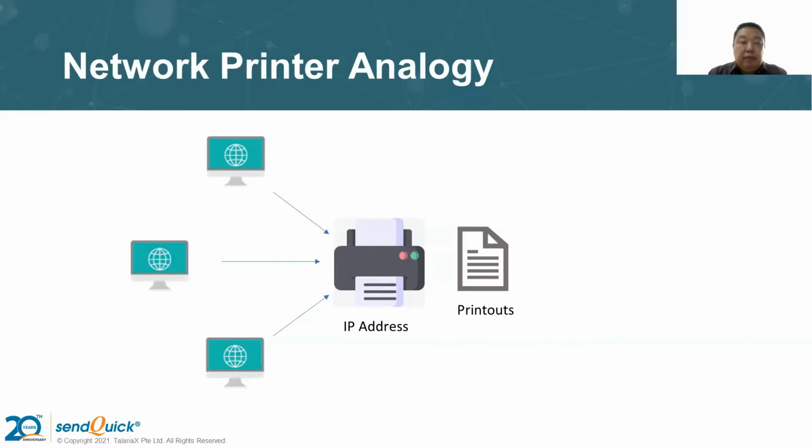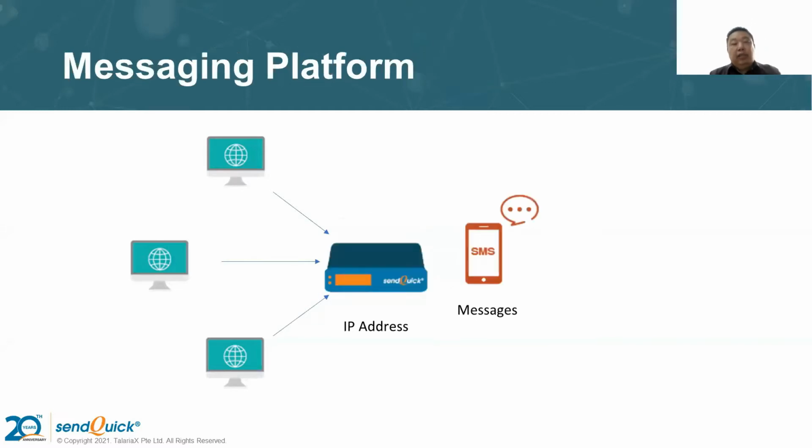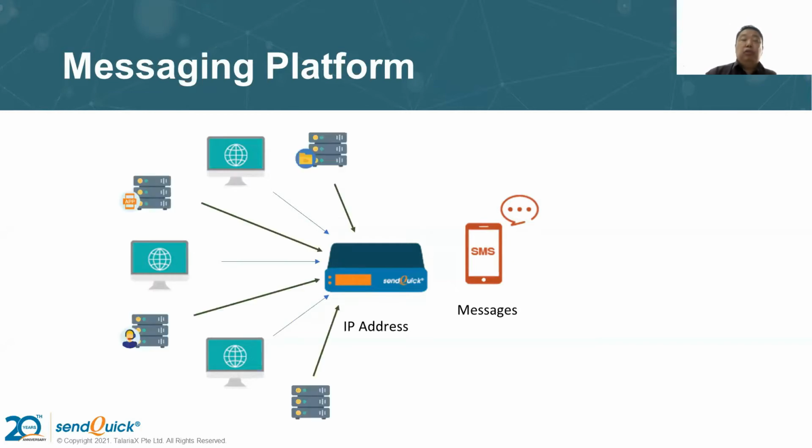So similarly for sendQuick, as it sits in your network, as long as you have the IP address, any terminal and anyone in that same network can access this box. It can send a request and send out SMS messages, not a printout this time. So that is how, in a way, sendQuick works. But of course, sendQuick is slightly more sophisticated than a printer because you can also connect it to your servers.